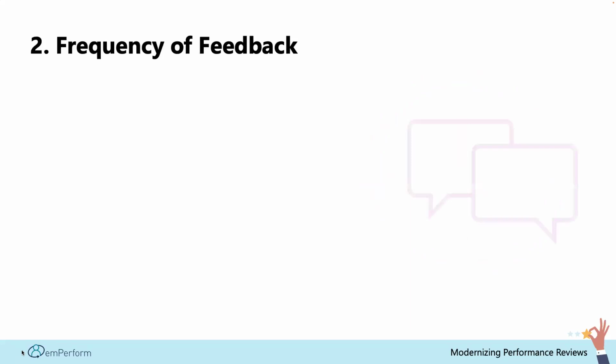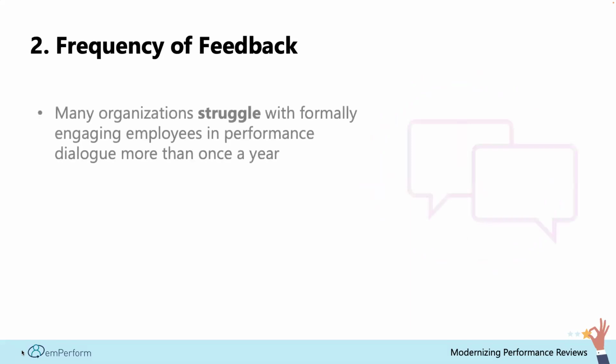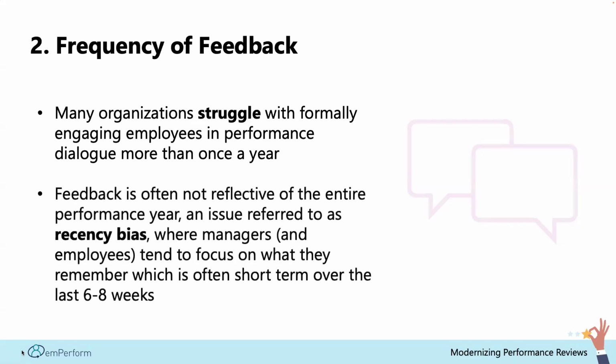When we think about frequency of feedback, what we're thinking about here is, how do we formally engage employees in a performance dialogue more than once a year? We know that feedback is incredibly important. And if we do it once a year, we've got all these problems, the traditional recency bias, and we only remember the last 6 to 8 weeks, unless we're super organized and taking notes throughout the year.